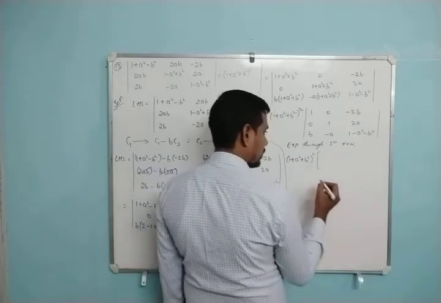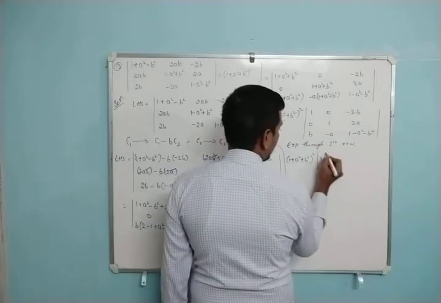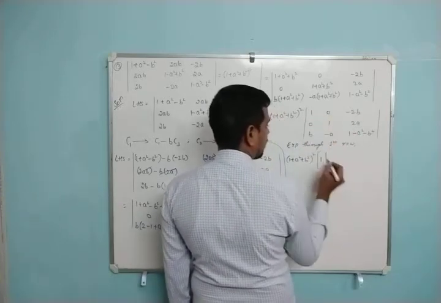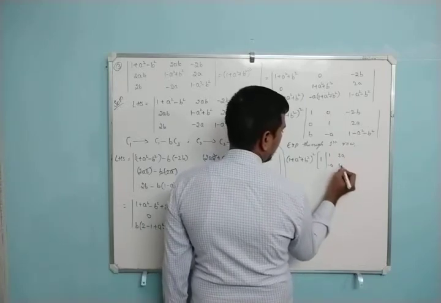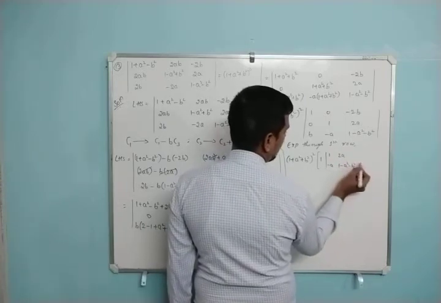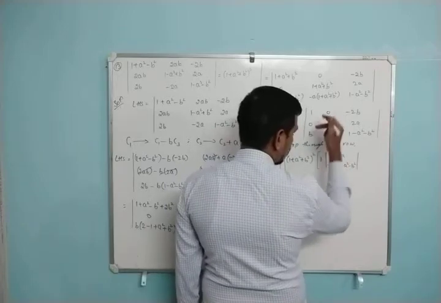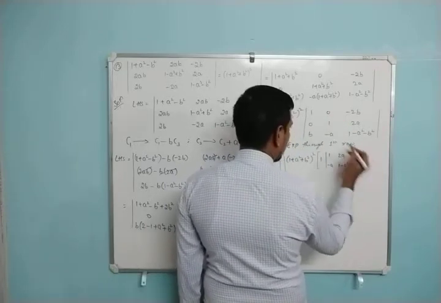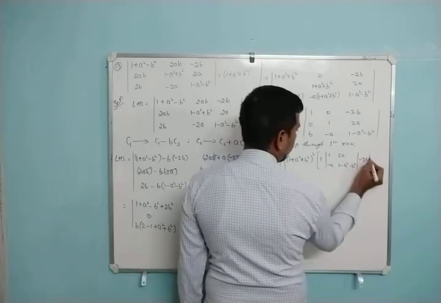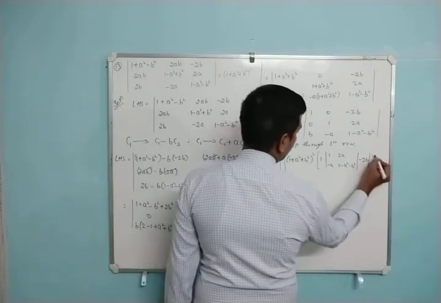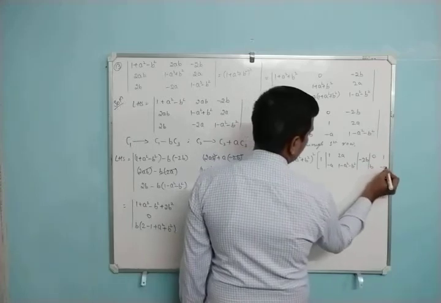Okay, so 1 into what is determinant? Leaving first row and first column, 1, 2a, minus a, 1 minus a square minus b square, right? So minus 0 into anything is 0, so plus of minus 2b into, so what remains here? 0, 1, b, minus a.